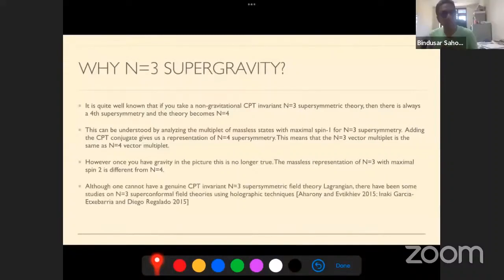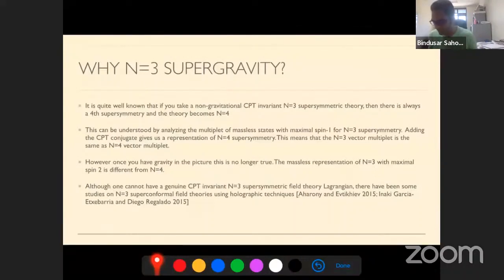Although one cannot have a genuine CPT invariant N equal to 3 supersymmetric field theory Lagrangian, there have been some studies on these so-called pure N equal to 3 superconformal field theories using techniques from holography, and these are some of the references. In the 2015 paper by Aharony and Evtikhiev, they assume that suppose there is a pure N equal to 3 theory, what would be its properties?